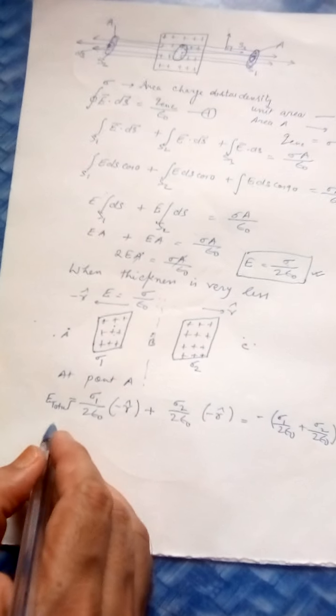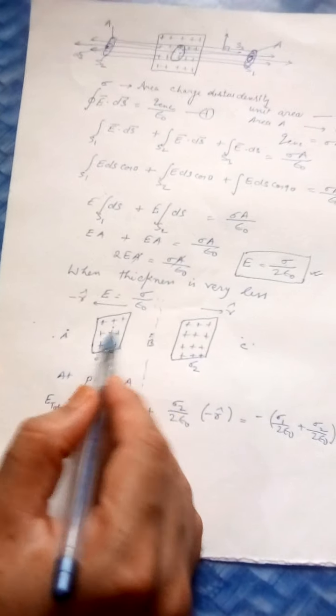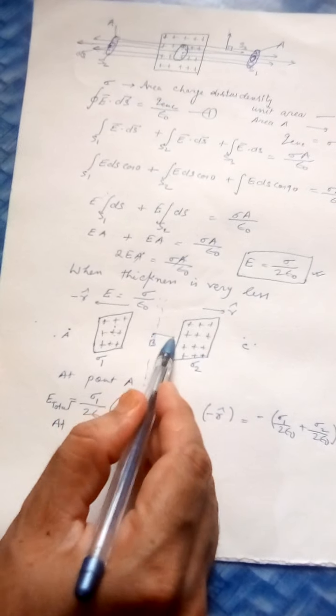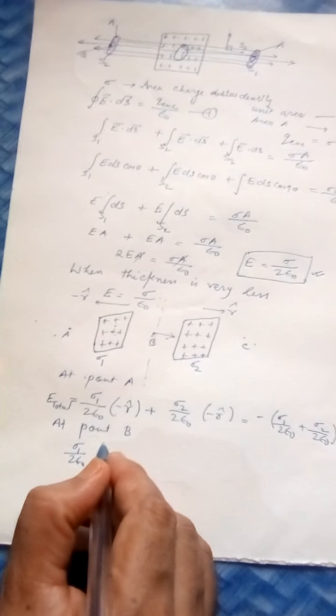Now at point B, due to this one you can see the electric field will be in this direction. So we are measuring the electric field in this direction. Due to this one, what is the magnitude? Sigma 1 by 2 epsilon naught. Now this is toward the right side, so it will be plus r cap.